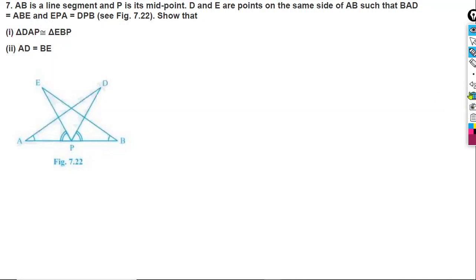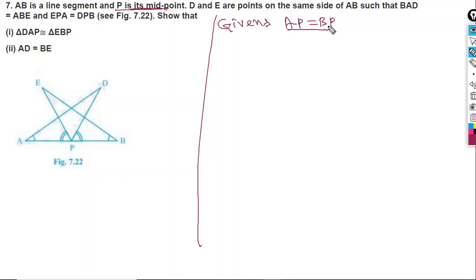First we will see what is given. Given P is the midpoint, so we can write AP equals BP. This is what is given. Then D and E are points on the same side of BC such that angle BAD equals angle ABE.